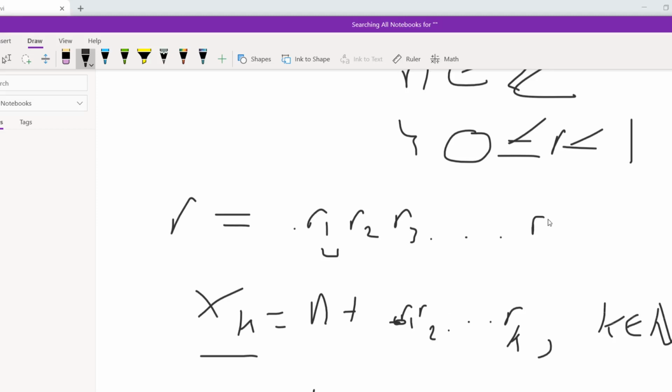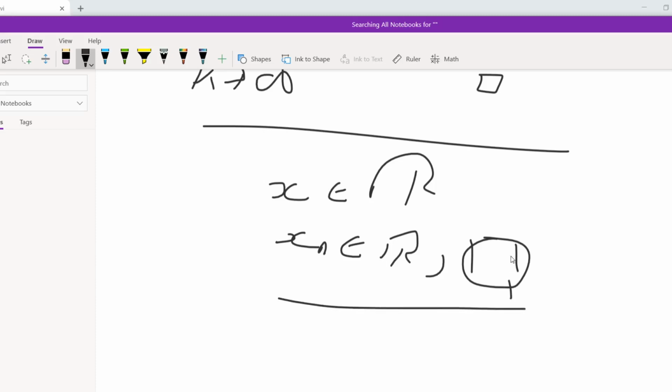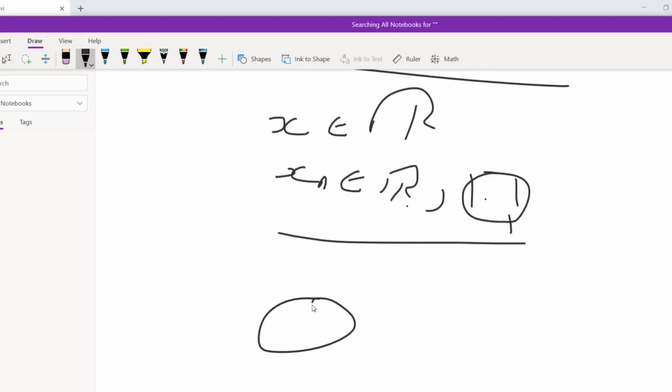It may go all the way to rn, and we don't know what n is. That's why we're trying to estimate it with xk. And we know xk is in this set, Q and in R, right? So here I proved that Q, which is the set of rational numbers, is dense in R.